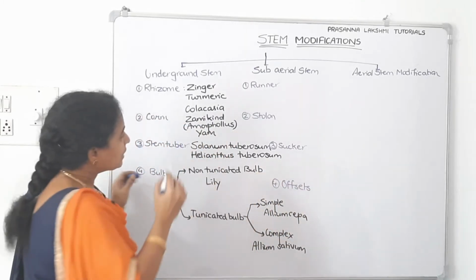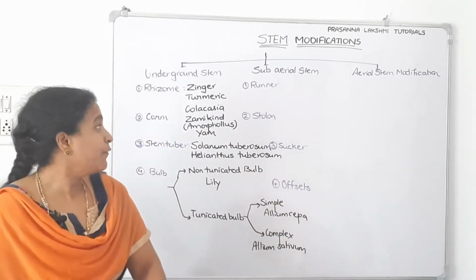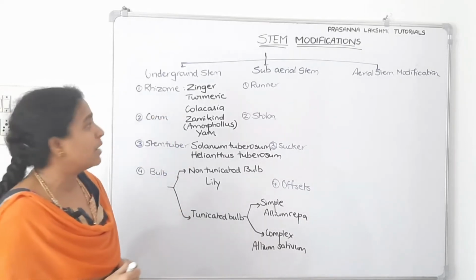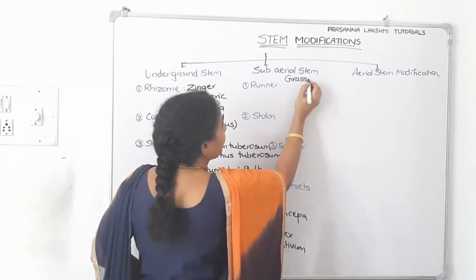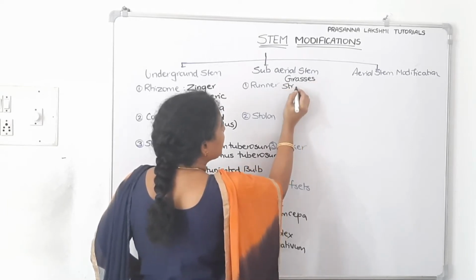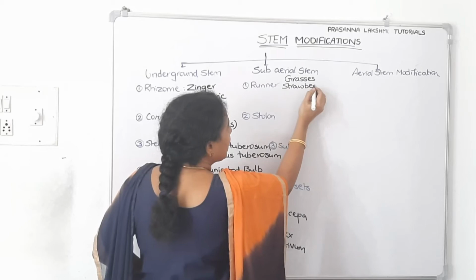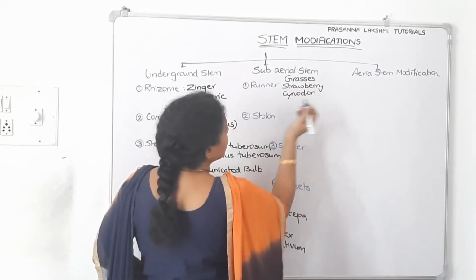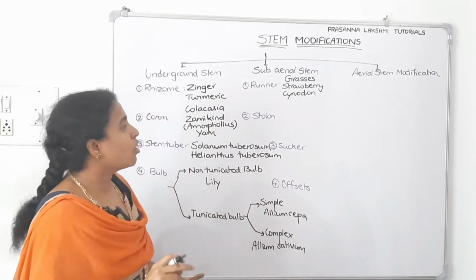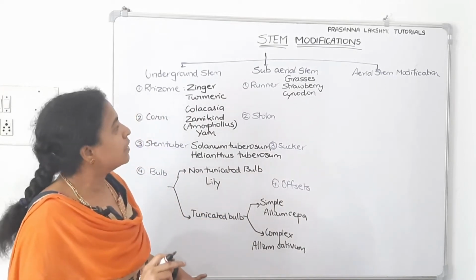Now these are the 4 subaerial stem modifications. If we have to list down the examples, for runner we can go with grasses, strawberry, Fragaria we call it, and Cynodon, dub grass. So grasses, strawberries, Cynodon are examples for runners.